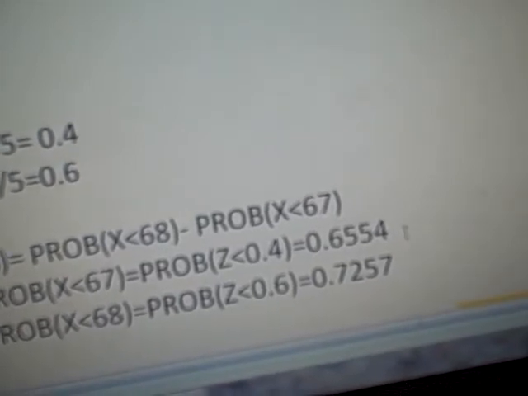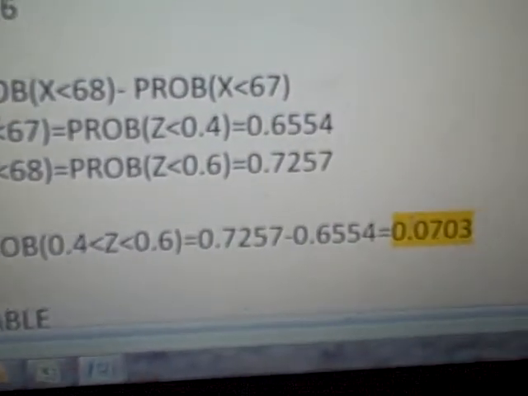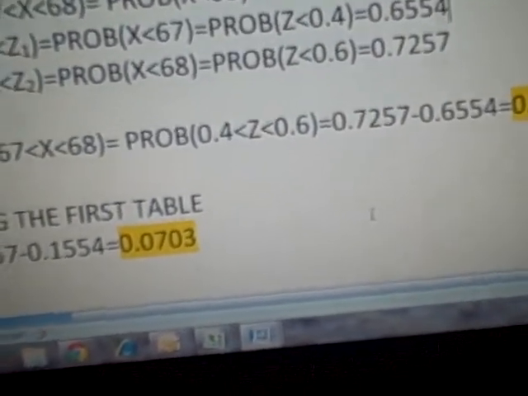And when we subtract the two, we get our answer. The probability that x is between 67 and 68 is the probability z is between 0.4 and 0.6, and that is 0.0703.